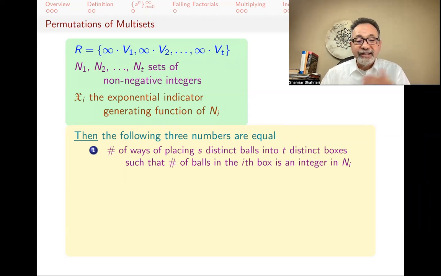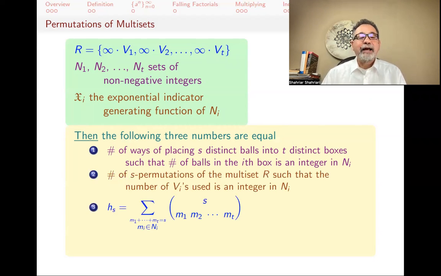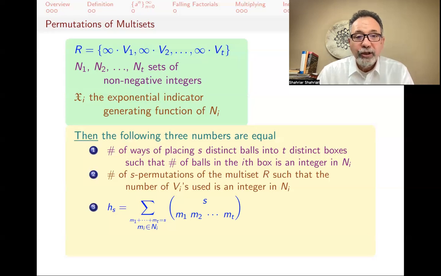So this number is the same as the number of s-permutations of the multiset R, such that the number of vi's used is an integer in ni. And again, I talked about very recently in this video why these two things are the same, so that's not a surprise. This number is also the same as this sum of multinomials. Now, this sum of multinomials needs a little bit of explanation.